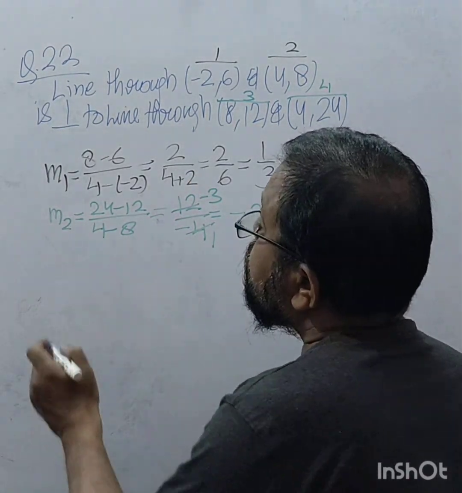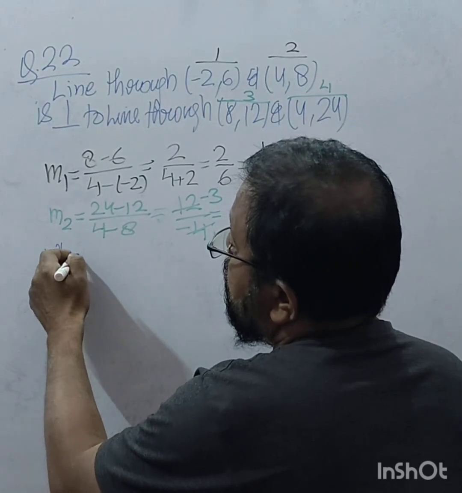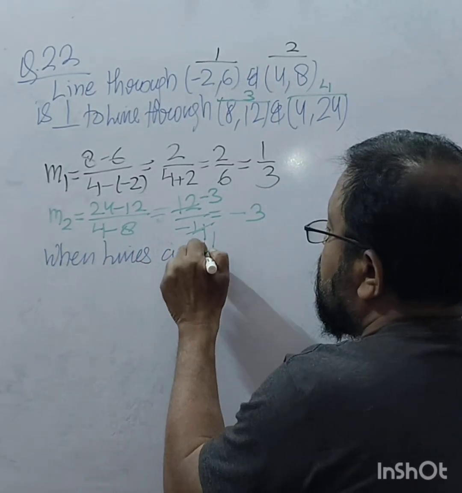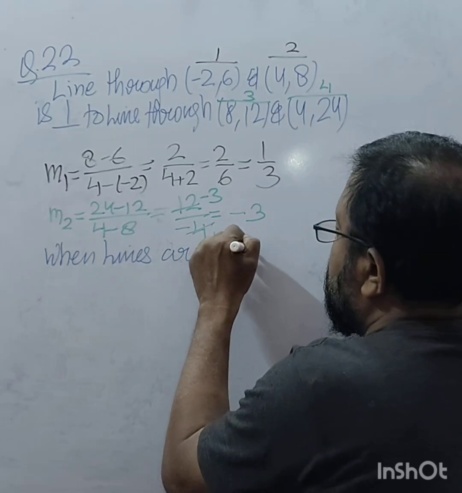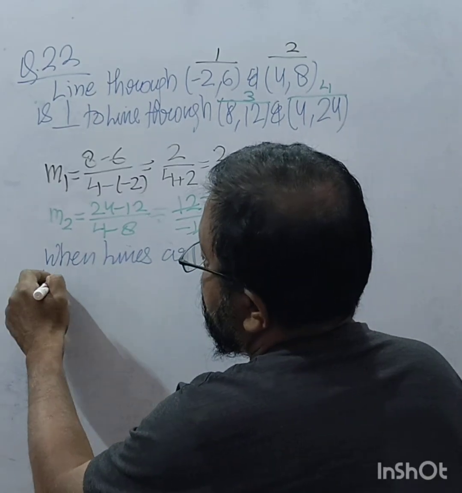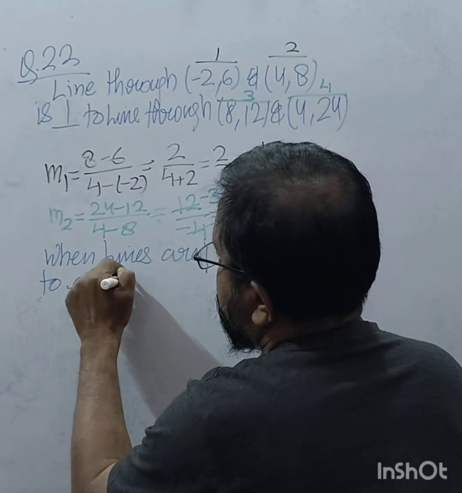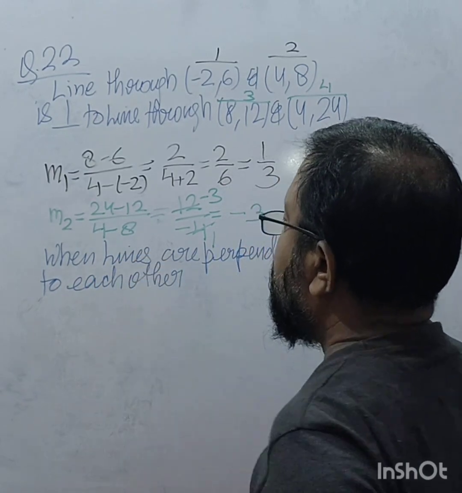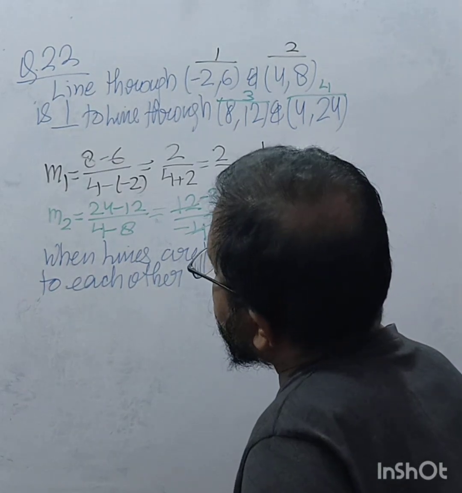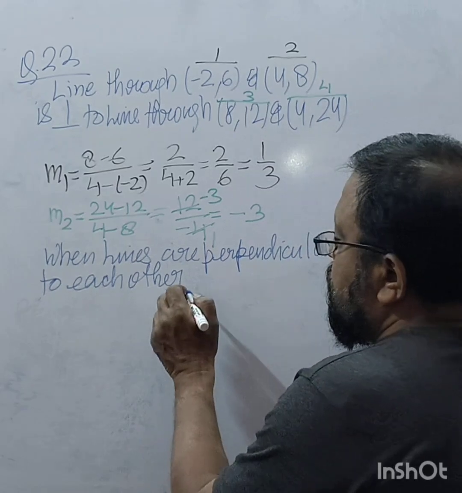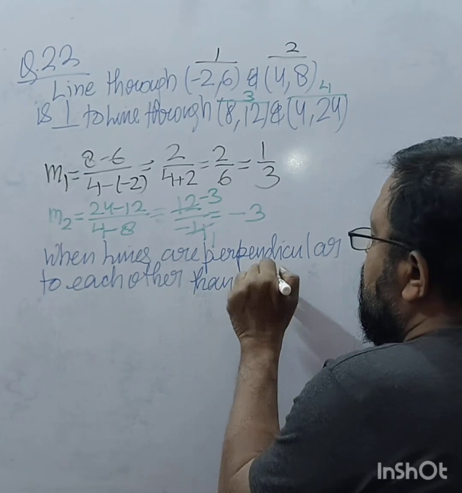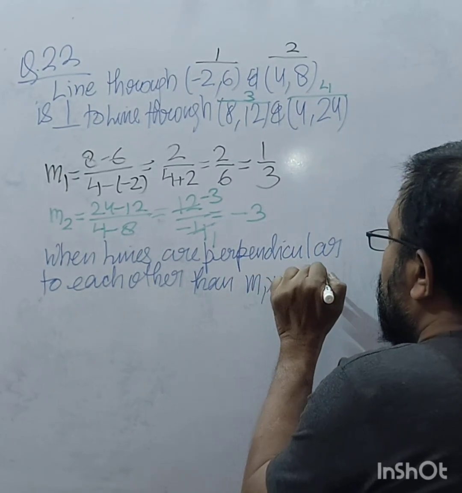Now when lines are perpendicular to each other, then M1 into M2 is equal to minus 1.